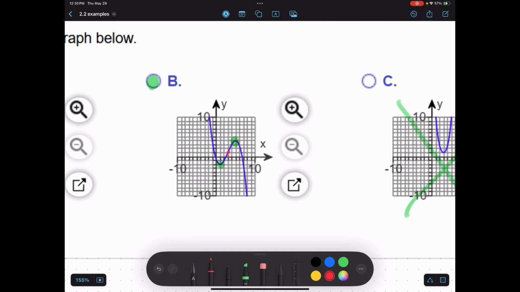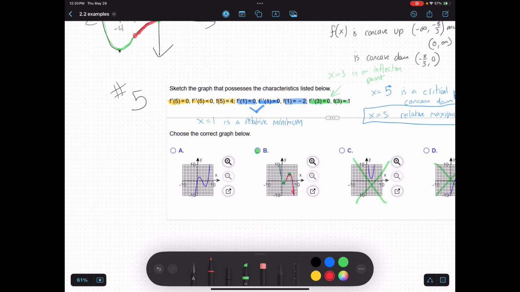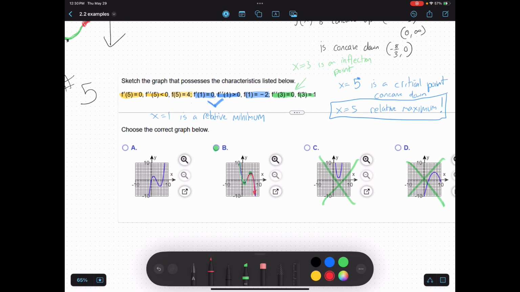So here's x equals 3, and previous to that, I'm concave up, and after that, I'm concave down. So it's that point where the curvature changes. And that's all there is to number 5. So good luck with the rest of the homework, and reach out if you have any other questions.